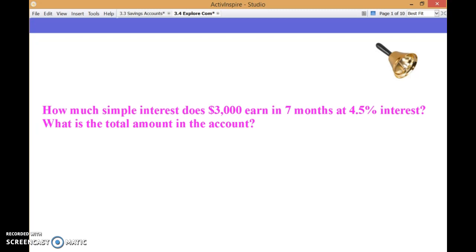So again, like I said, we talked about simple interest on Friday. If you recall, the formula for simple interest is interest is equal to principal, which is my starting amount, times my rate, which is my interest rate as a decimal, times my time, which is my time in years.